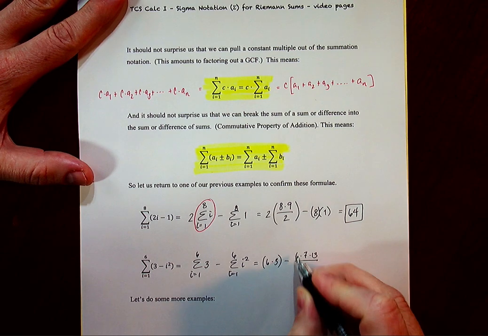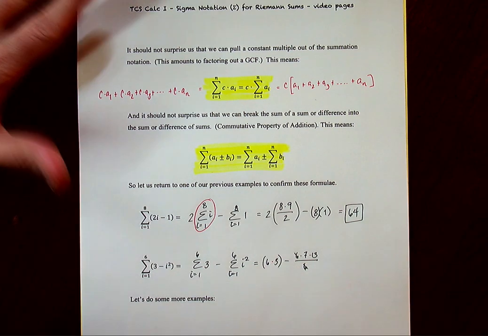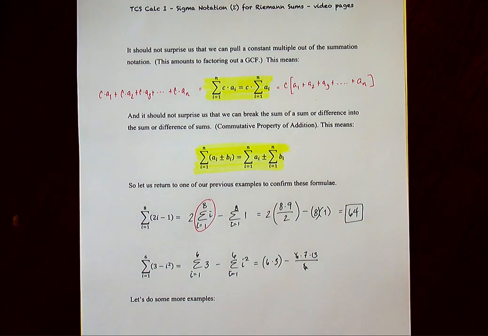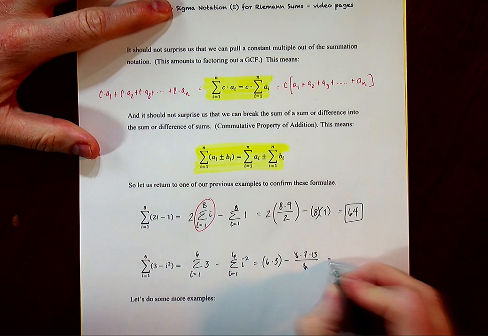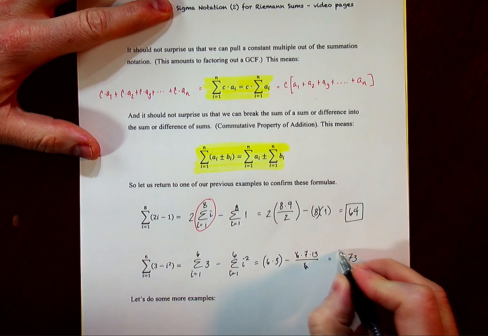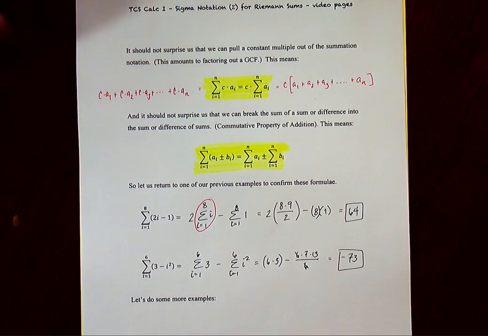Well, that's going to cancel out pretty easily, and that's going to wind up being 18 minus 7 times 13. That's 91. And so if you have 18 minus 91, guess what? That's negative 73, and that confirms by formula what we saw longhand in the previous video.